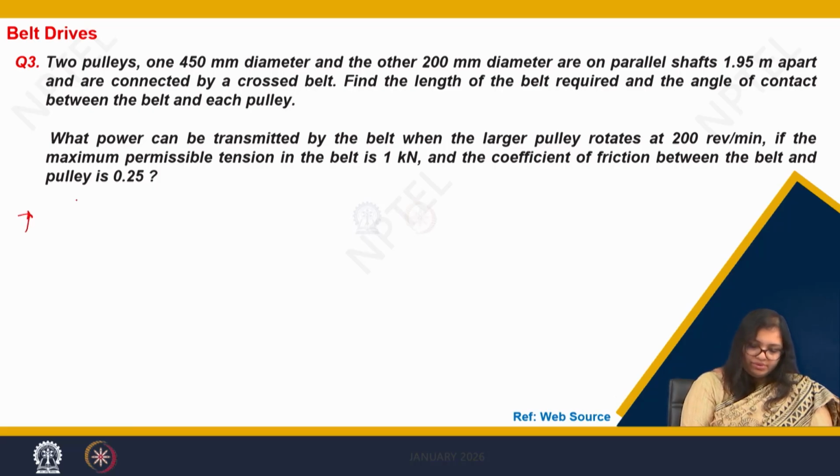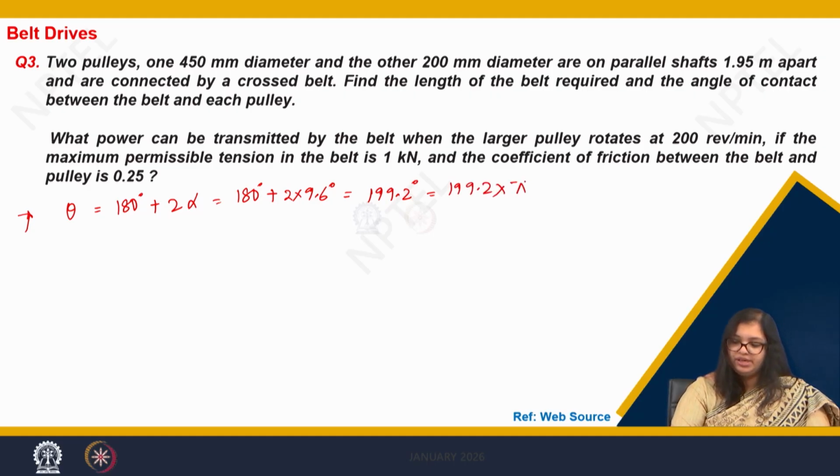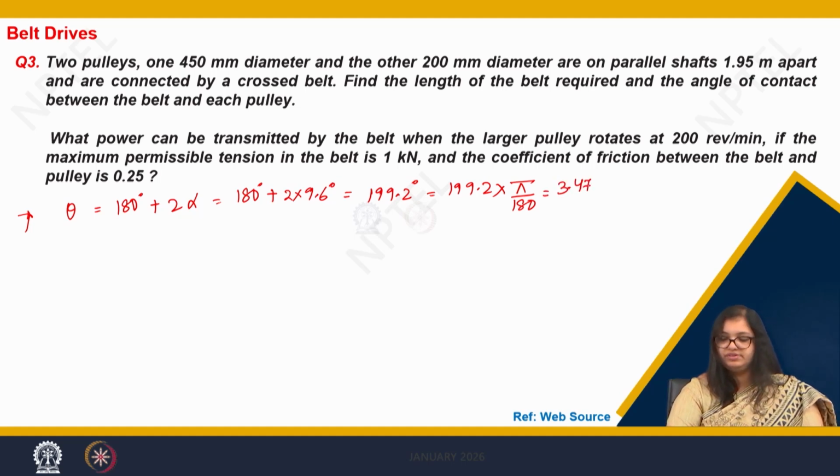From here we can find theta is equal to 180 degrees plus 2 alpha, which is 180 degrees plus 2 into 9.6 degrees, which is equal to 199.2 degrees. Now, in radians, it is 199.2 into pi by 180, which gives me 3.477 rad.